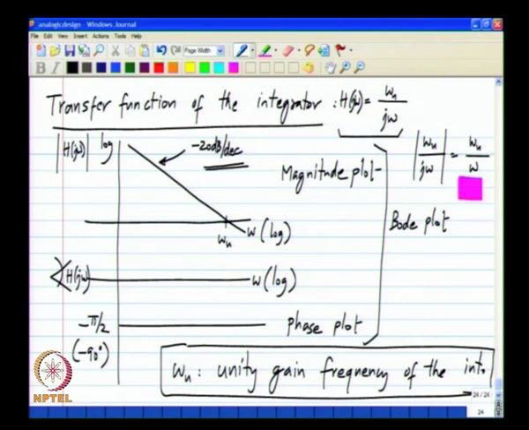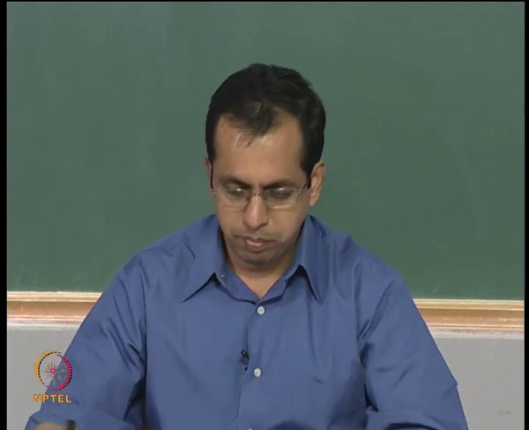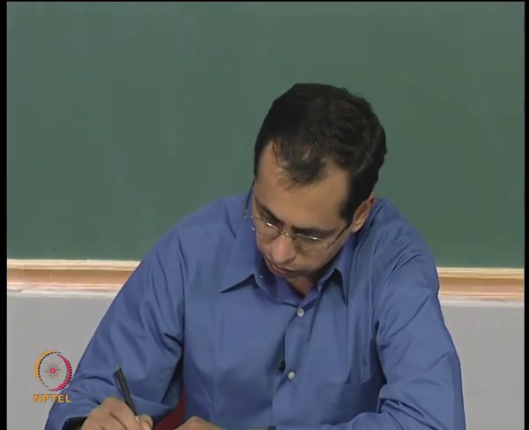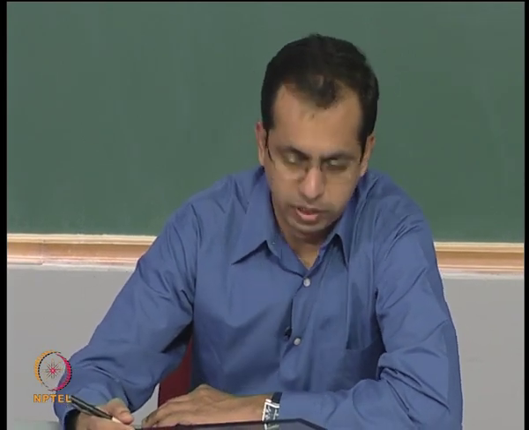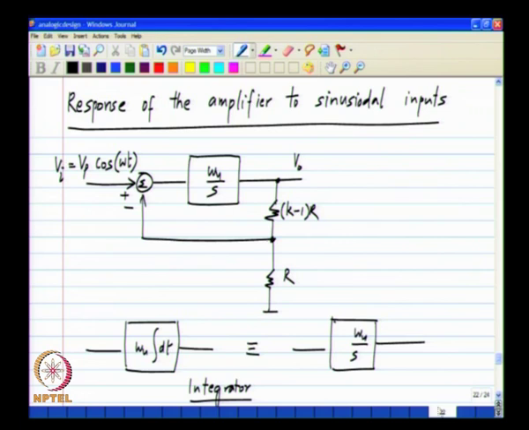So, with this background we can go back and analyze the transfer function of the entire negative feedback amplifier and then relate it to the transfer function of the integrator by itself. This is the system we have, and because the integrator can be represented by an algebraic relationship, the analysis is very easy.